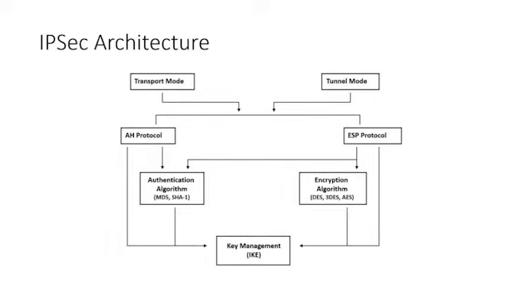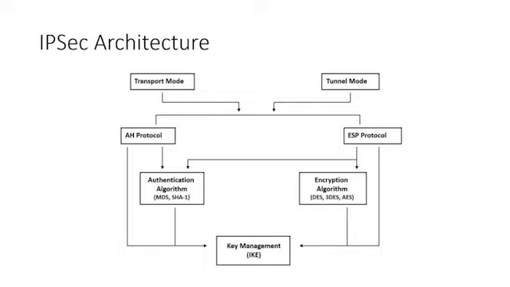Now, here is the IPsec architecture of how it kind of behaves. And you can see we have transport mode and tunnel mode up there at the top. And depending on if we use the AH protocol or the ESP protocol depends on the type of algorithms that we're going to use. So AH, the authentication header, is going to use that authentication algorithm and then go down to the key management.